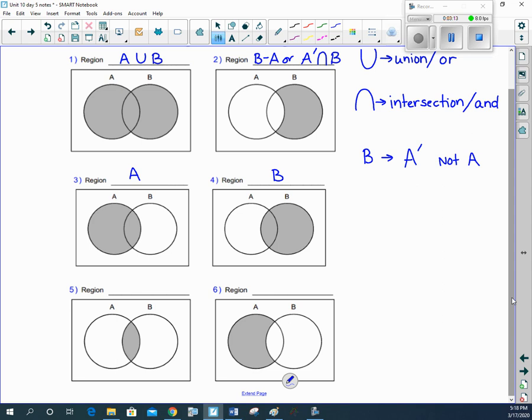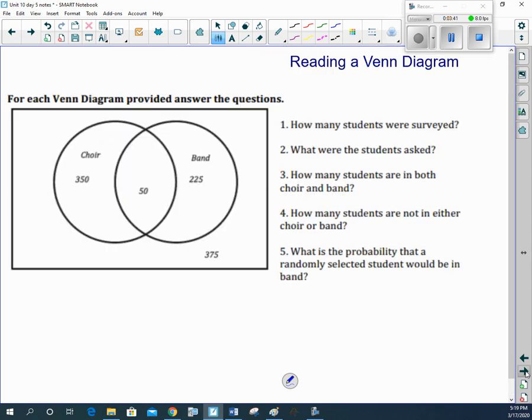It's the places where A and B overlap, so we're going to say A intersection B. And then our last region is not quite all of circle A. So it's mostly circle A minus a little bit of B, right? Or we could say it's not B intersecting with A. All right. So that gets you thinking about how the overlapping area of Venn diagrams works.